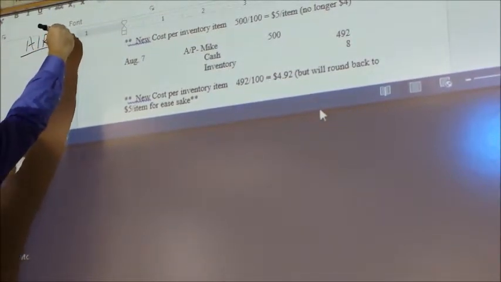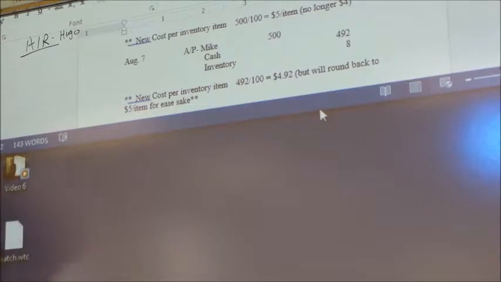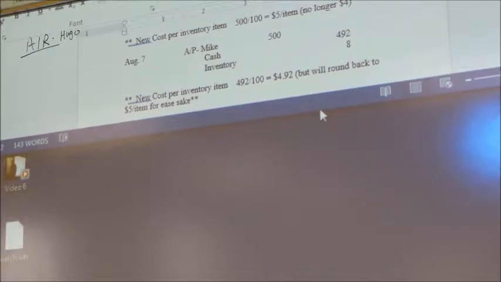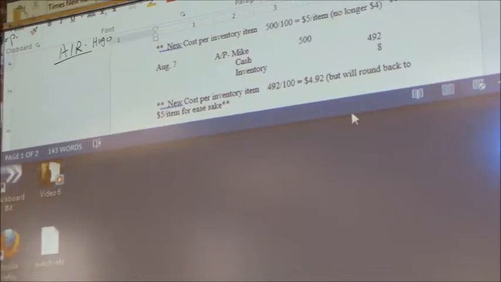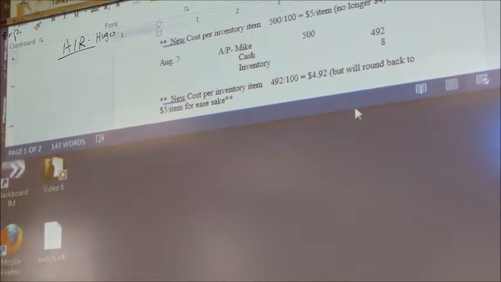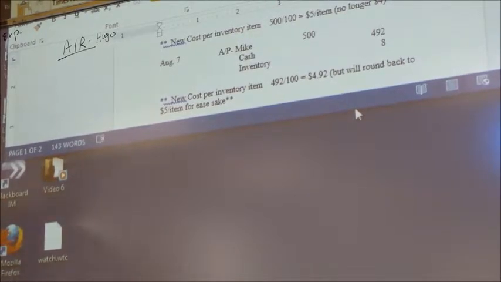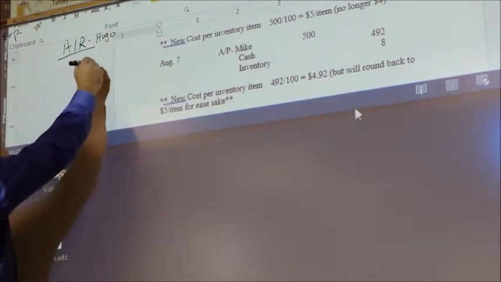And how much should be in Hugo's accounts receivable? Let's go item by item. 300. 300 is what? How much she's buying. Good. Yep, that's the sale price.